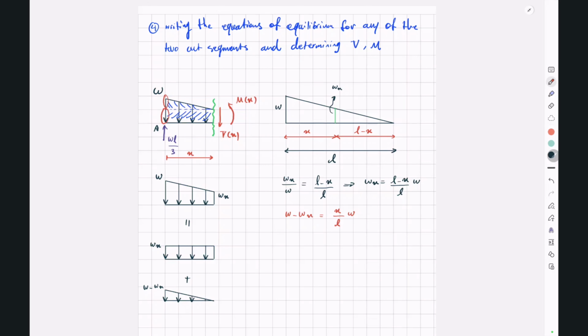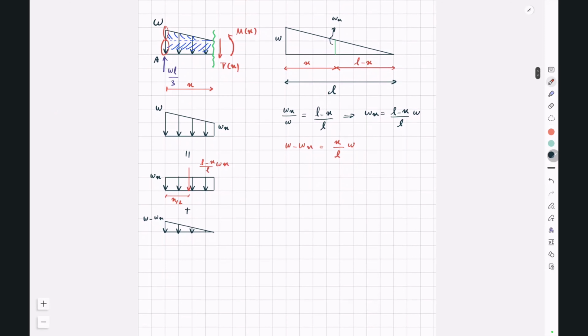So for the rectangular load, we have Wx multiplied by X as a magnitude of our load, which is applied at the centroid of the rectangular load, or X divided by 2. So we have Wx multiplied by X, or L minus X over L Wx. And this distance will be X divided by 2. And for the triangular one, the resultant force will be the area of our triangle.